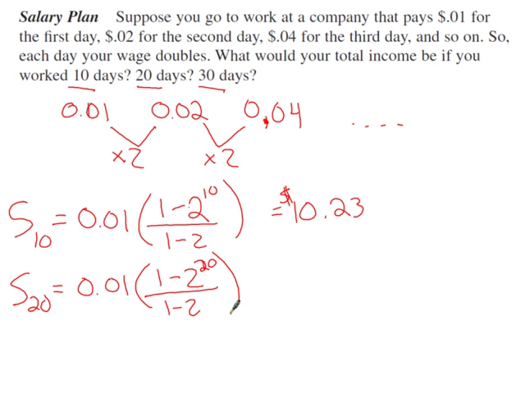So 1 minus 2 raised to the 20th power divided by negative 1, and don't forget about multiplying by the a1, the very first term, 0.01, and I get $10,485.75. So after 20 days, this has grown quite a bit. In fact, if you were to figure out 30, all that would change is this turns into a 30, and I bet you get quite a bit of money as well.